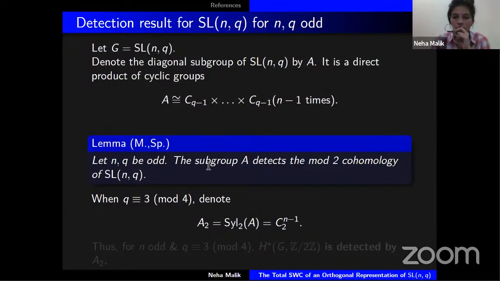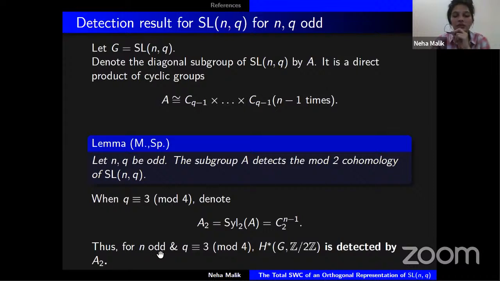And due to the odd index lemma I mentioned earlier, this A_2 detects A and A detects SL_N(Q). So by combining these two, we can say that if N is odd and Q is 3 mod 4, this cohomology ring H*(G) is detected by A_2, which is a comparatively much nicer group in comparison to when we work with SL_N(Q).